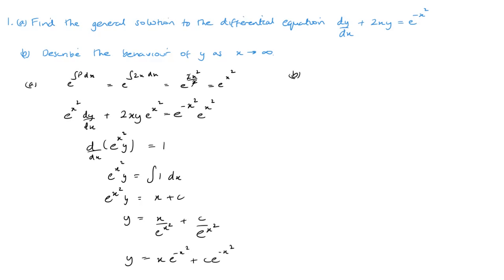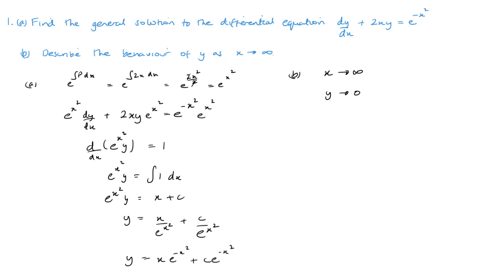So in these cases, obviously x is getting large, but e to the minus x squared is going to be heading towards 0. So 0 times anything is 0. So as x tends to infinity, y will tend to 0.